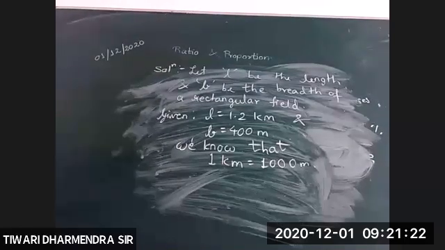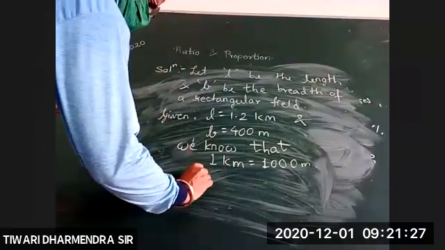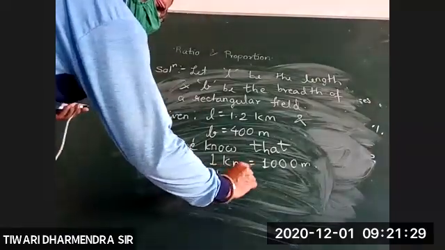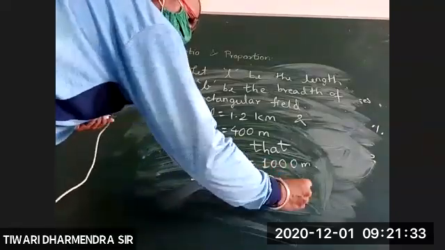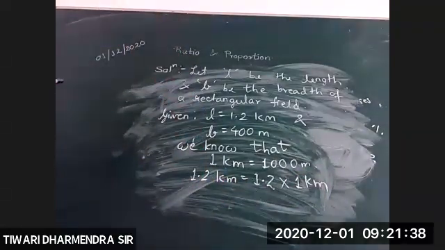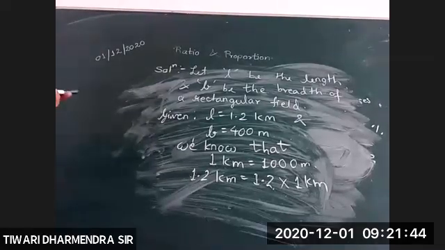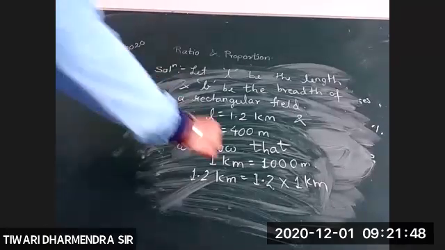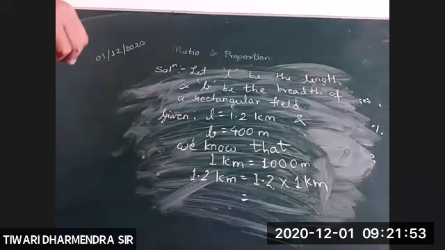1,000 meter. Okay, so 1.2 kilometer is equal to 1.2 into 1 kilometer. You can write 1.2 kilometer as 1.2 into 1 kilometer, which means the same. Way of writing is different. This is one of the easiest ways to write so that you can convert. Otherwise, students get confused how 1,000 came into existence.